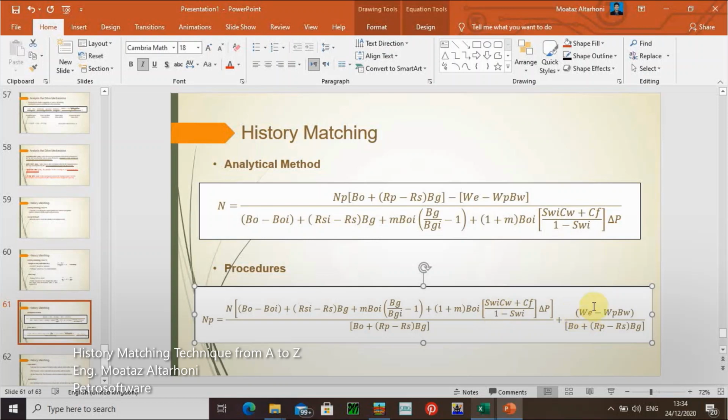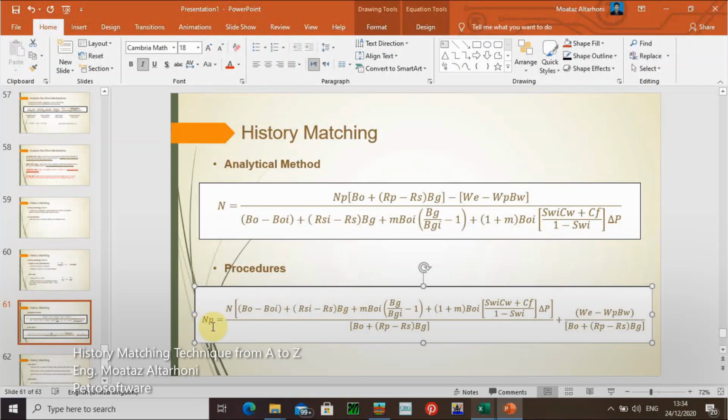So if your prediction of water influx is good, this value will be good, and we will compare that with our data in the field. All of this calculation depends on this value. If you get a good indication of the aquifer parameters, then you will calculate a good water influx model, and then you will get a good result.